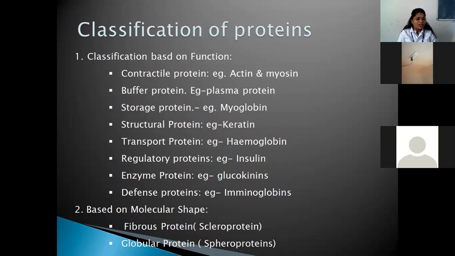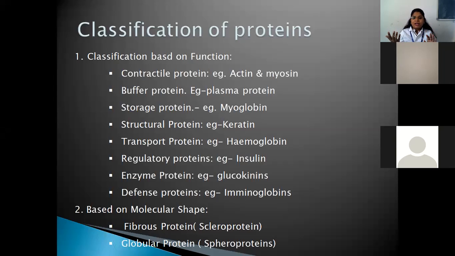Fibrous proteins have a high molecular weight, whereas globular proteins have a low molecular weight. I am speaking by comparing the two, so that it will be understood easily. Fibrous in shape, globular spherical in shape. Fibrous proteins are insoluble in water, globular proteins are soluble in water.